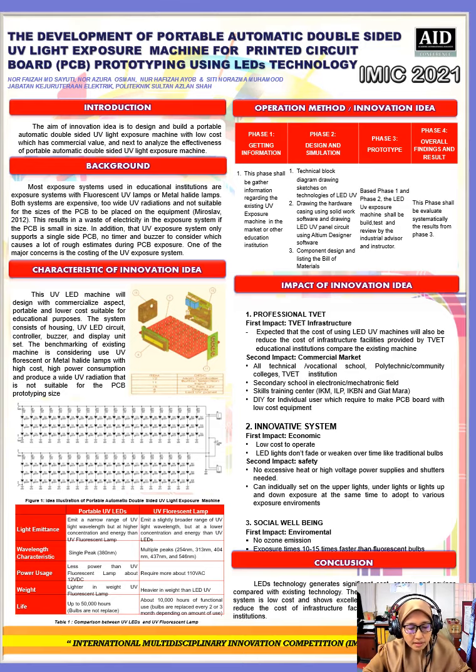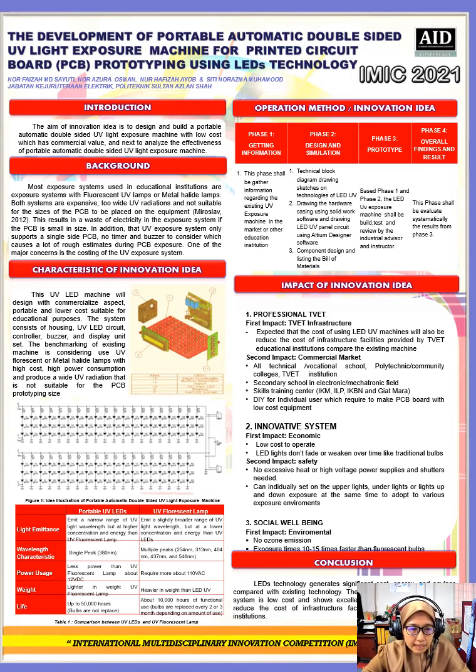The system consists of housing, UV LED circuit, controller, buzzer, and display unit set. The benchmarking of existing machines considers UV fluorescent or metal halide lamps with high cost, high power consumption, and wide UV radiation, which is not suitable for the PCB prototyping size.